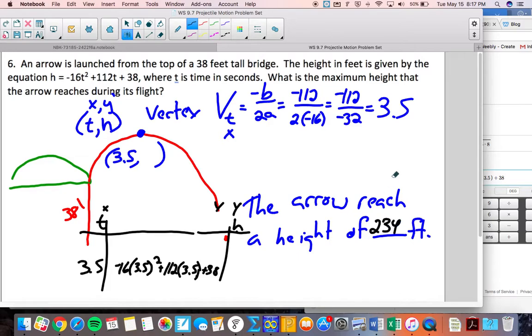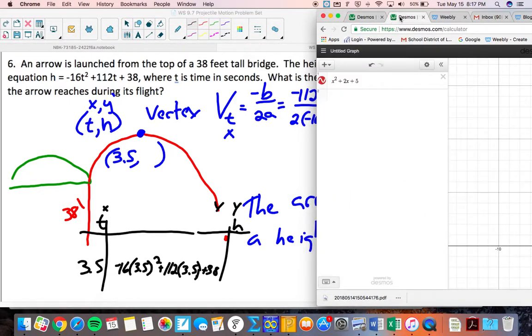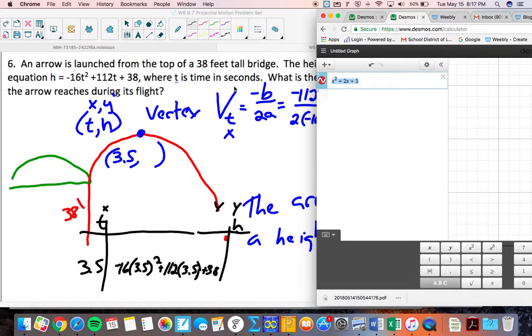What we can also do is take that equation and put it in, if you just want to double check whether we made a mistake somewhere. We can type it into the Desmos Grapher. Well, I'll do a t squared plus 112t plus 38.